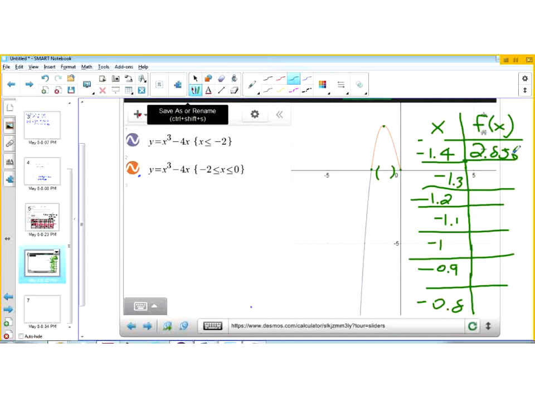All right, let's try with -1.3. That's 3. Let's try -1.2. That's 3.072.